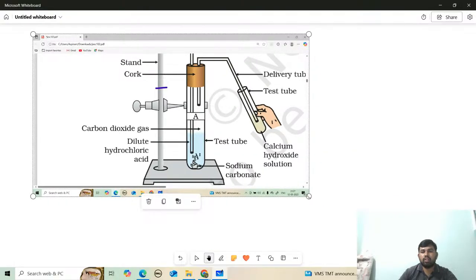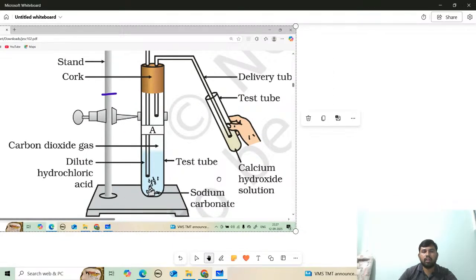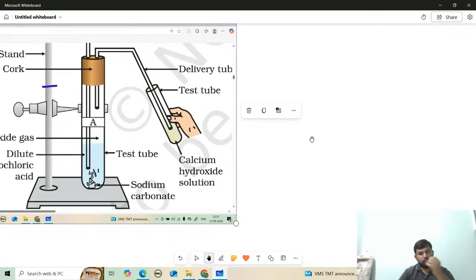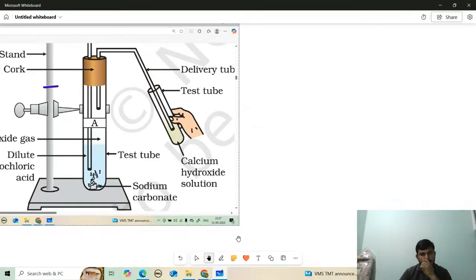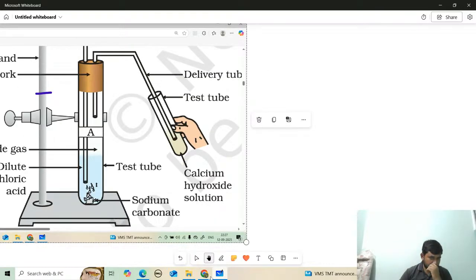And see here what happens here actually. Let me write here better. Okay, see the diagram here.